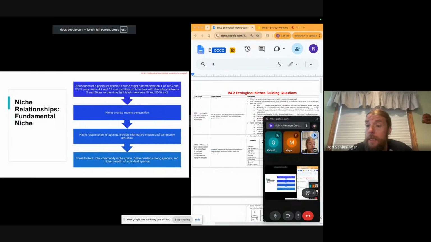And then ultimately, what's going to happen when all of these organisms fall into equilibrium is we're going to see the establishment of what's known as a fundamental niche. A fundamental niche. So early on, when an organism is introduced to an environment, we consider their niches to be realized.